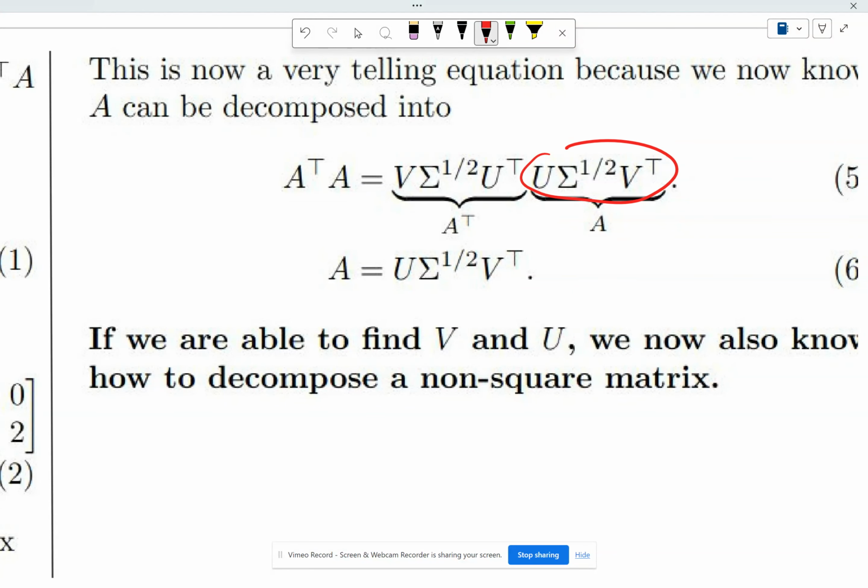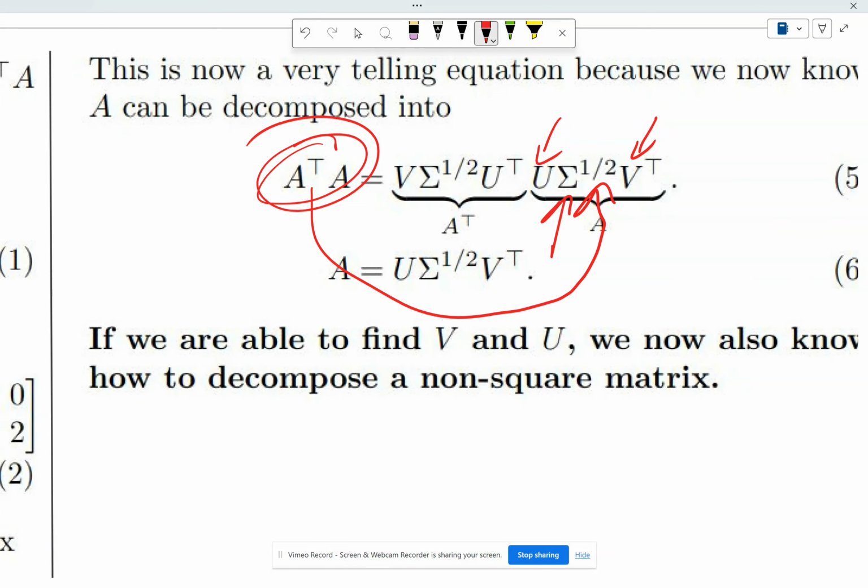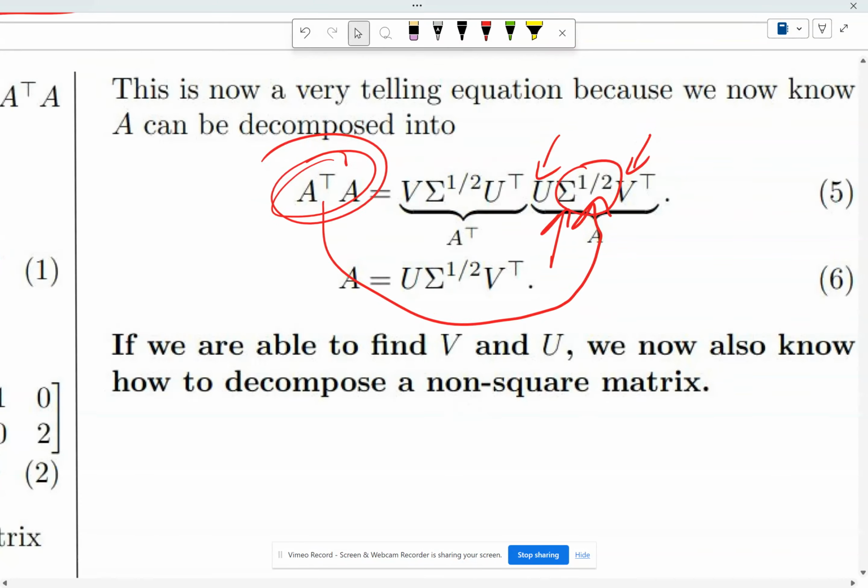This right here is the transpose of this, and this is equal to A transpose A. Therefore, this part, which is the transpose of this part, must be A transpose, and this part must be A. Therefore, we now know that A can be decomposed into two sets of orthonormal bases, one set called V, another set called U, and the eigenvalues of AA transpose. If we know the eigenvalues, we know sigma to the 1/2 as well.